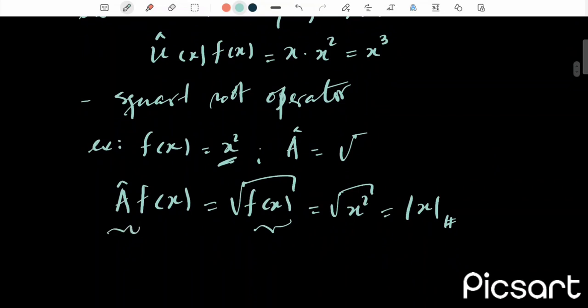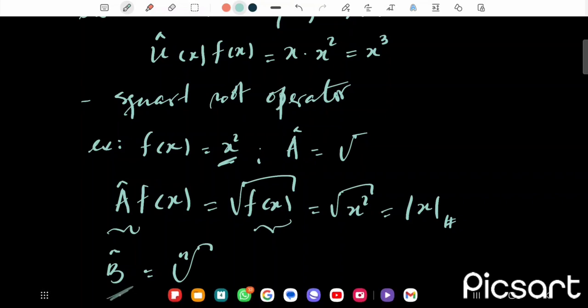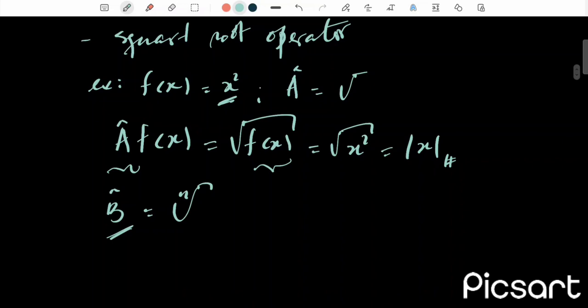Then we have A as the square root operator. On the other hand, we can have an nth root, for example, the operator B as the nth root, and we can also get different results by acting the B operator on different kinds of functions.